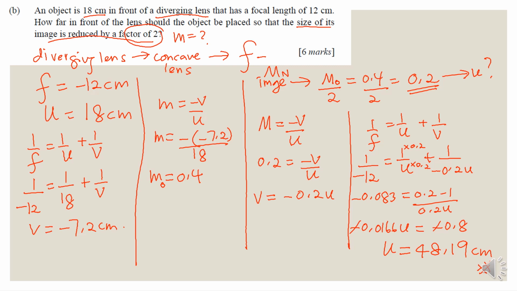Okay, so markah dia adalah 6 markah. So, 6 markah dekat mana? Yang pertama dekat sini, gantian betul, jawapan dan unit yang betul. Kemudian konsep 1 apabila dia kata the size of image is reduced by the factor of 2.